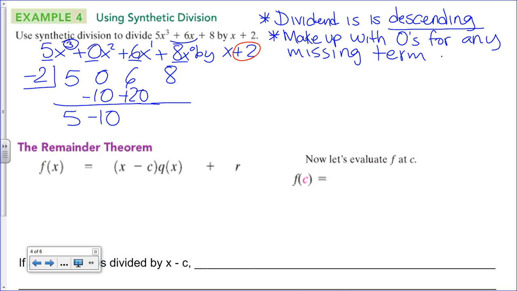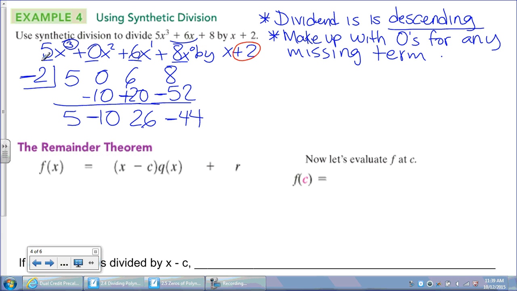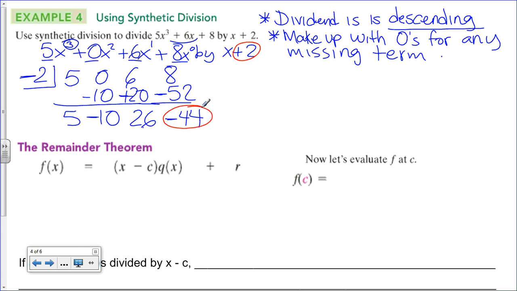So negative 2 times negative 10 is positive 20. 20 plus 6 is positive 26. And then 26 times negative 2 is negative 52. Then we combine our terms, so 8 minus 52 is negative 44. Yes. Okay. So that is going to be the remainder.